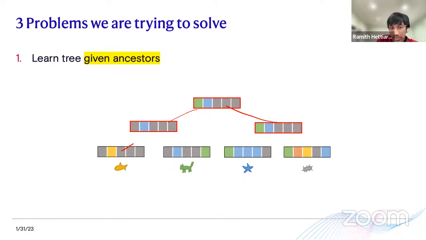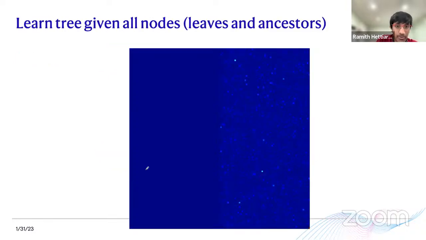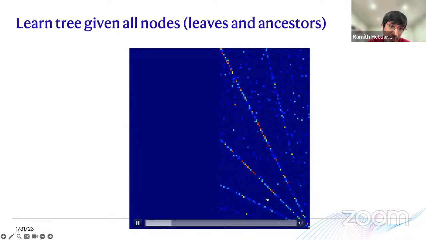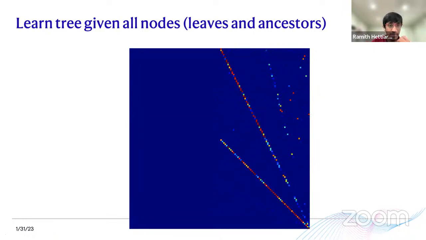So I approached this problem through this soft formulation. Let me play this video. This is running gradient descent on that adjacency matrix and finding the tree topology.